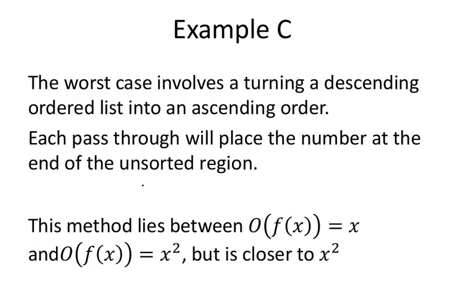Then you'll be doing the most work by swapping a backwards ordered array. And that would approach big O of x squared. That would be the answer to the computational complexity of example C.